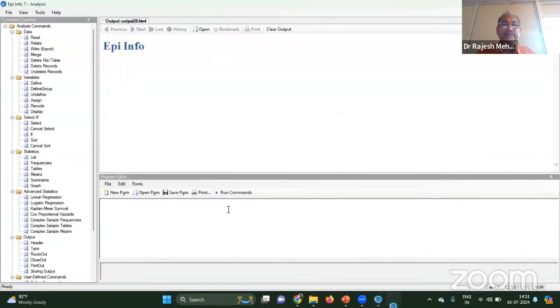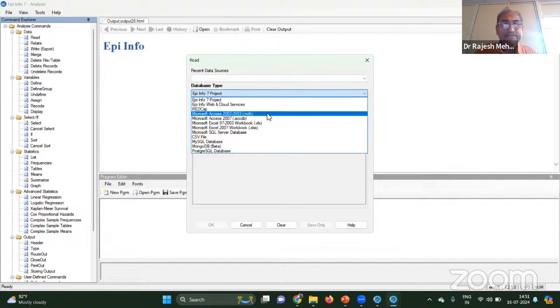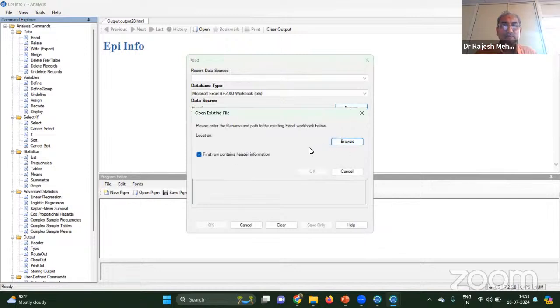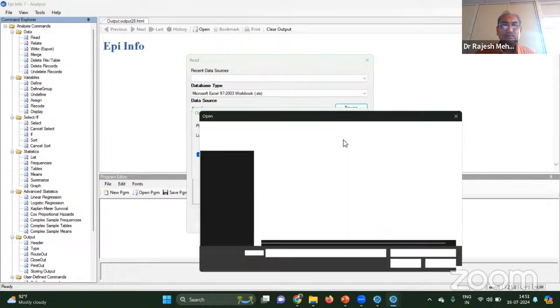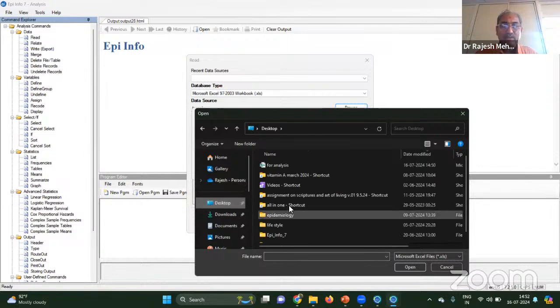In this case, the first step is to read the Excel file, which you can select from this XLS by browsing. You need to find it on your desktop.